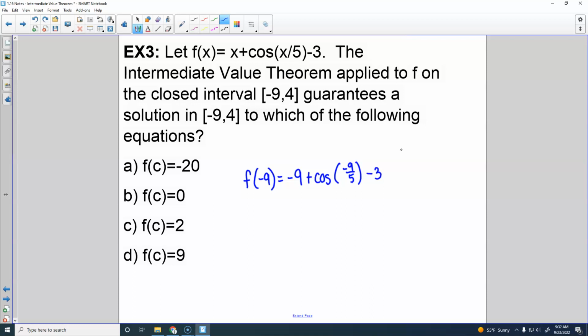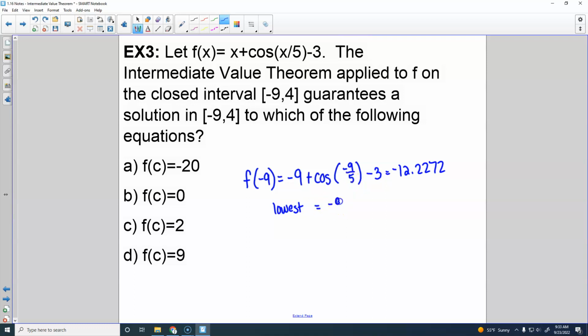With a calculator, we can just say -9 plus cosine of -9 over 5 minus 3. Make sure you hit the green button before you hit enter. We're going to get -12.2272 right there. If it's not calculator active though, what's the lowest cosine of -9 over 5 could be? -1.